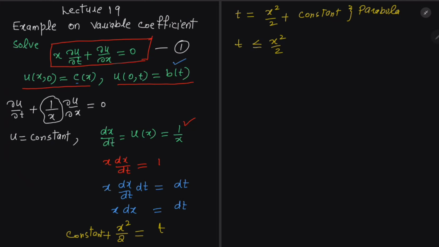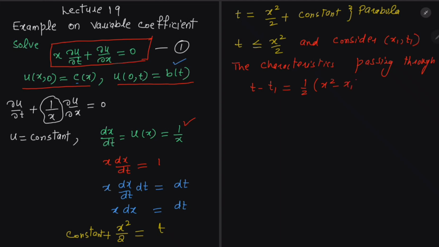If t is less than or equal to x squared by 2, and consider any point x1, t1, the characteristic passing through it is t minus t1 is equal to half of x squared minus x1 squared.